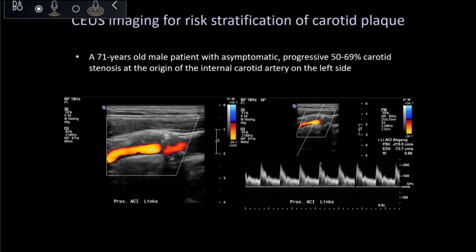So I have another example with a higher grade of stenosis. This is a 71-year-old male patient with an asymptomatic but quite progressive moderate carotid stenosis between 50 and 69% at the origin of the internal carotid artery. You see this hypoechoic lesion here with the velocities, which is a moderate stenosis.